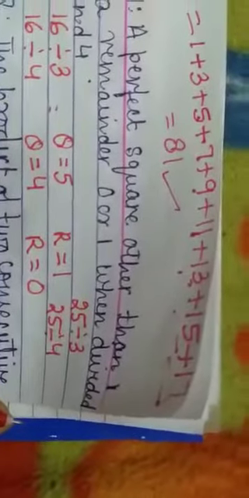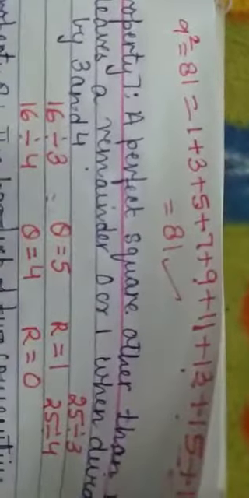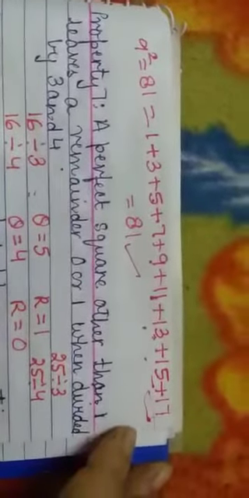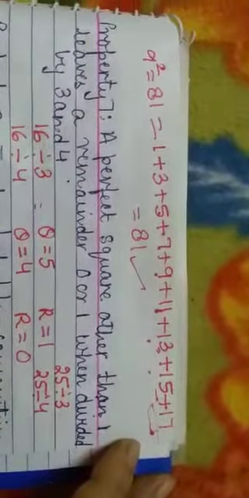The quotient is 6 and the remainder is 1. So, what does property 7 say? A perfect square other than 1 leaves a remainder 0 or 1 when divided by 3 and 4. I think this is also very clear to you. You all need to write all these properties in your notebook with these examples. Is it clear to you?